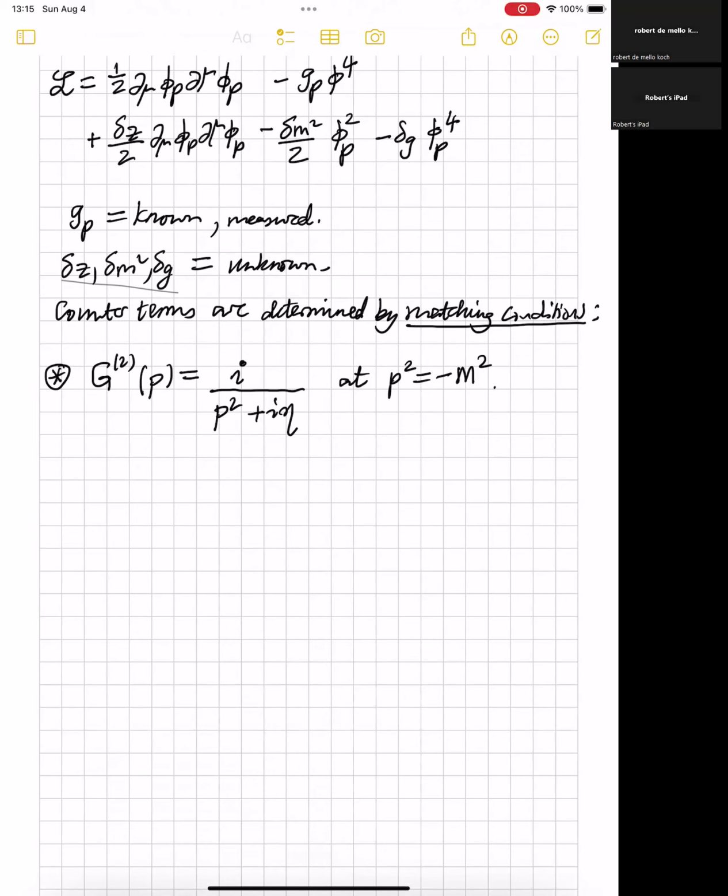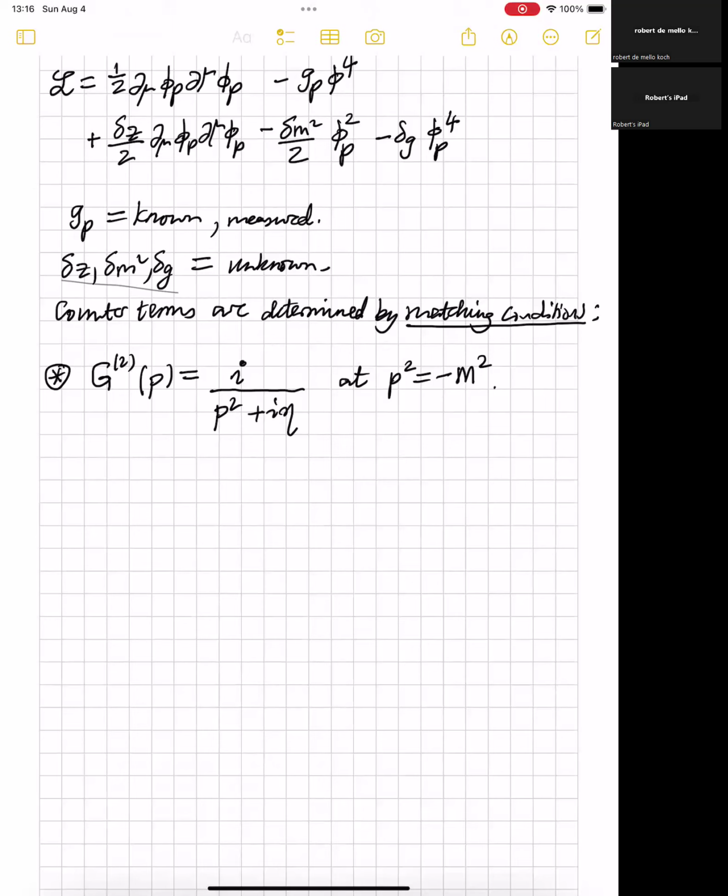In that case, the renormalization condition that we had told us that we must have a pole at the physical mass squared of the particle, and the residue of that pole must be equal to i. This was related to physical statements. First of all, the statement of what the physical mass of the particle is. And then secondly, the fact that the physical field should create a particle with probability 1. So that's it, the position of the pole and the size of the residue.